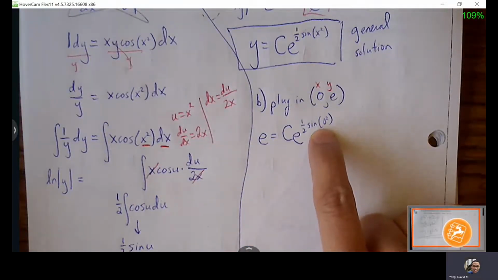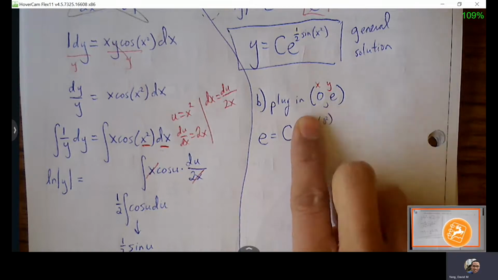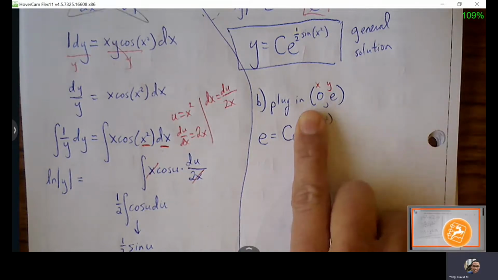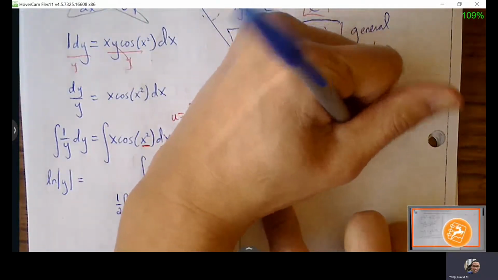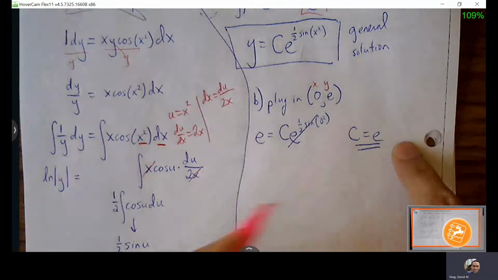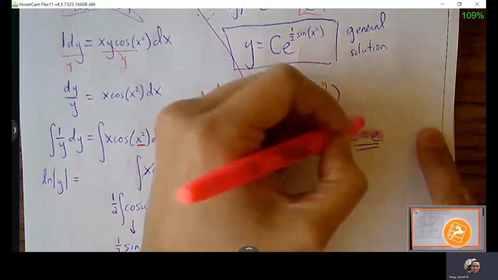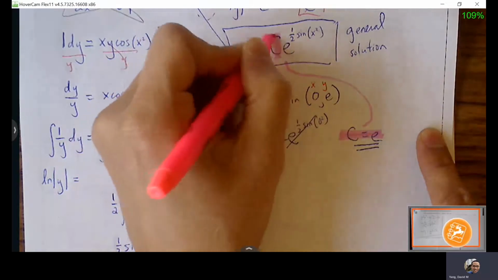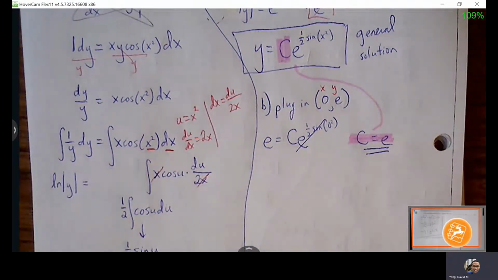All right, let's clean this up here. What's sine of 0? 0. Okay, e to the 0 is 1, so that goes away. I'm just left with c equals e. So now we're just going to take that c value that we found and insert it into our general equation, and now we have our particular solution.